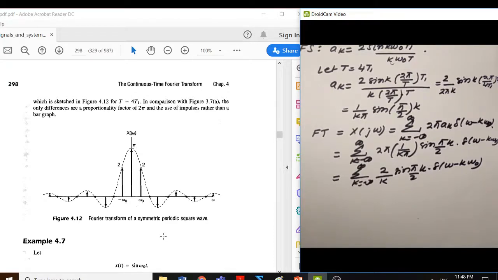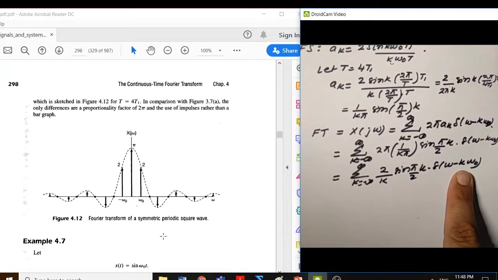So for a periodic signal, we get a discrete or a line spectrum. And from Fourier transform, we have seen that for an aperiodic signal, we get a continuous spectrum. So this spectrum is going to be discrete, and it will only exist at integer multiples of k.